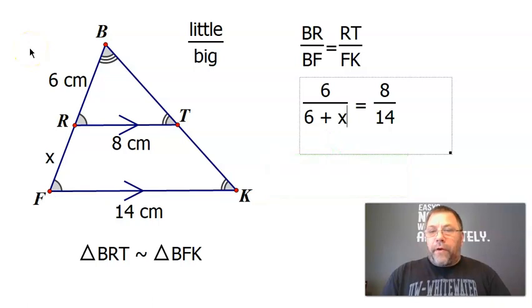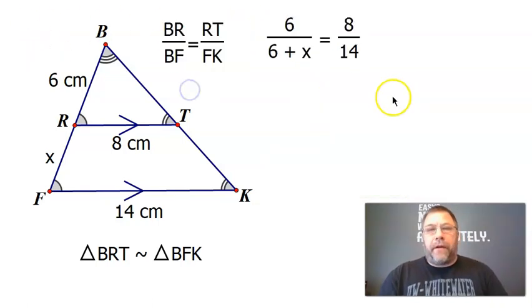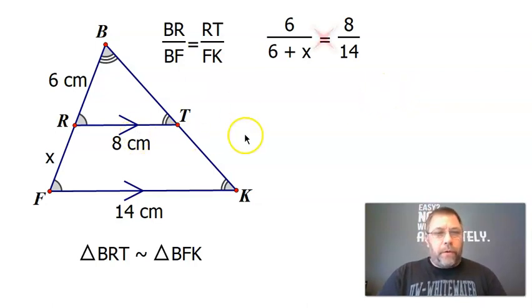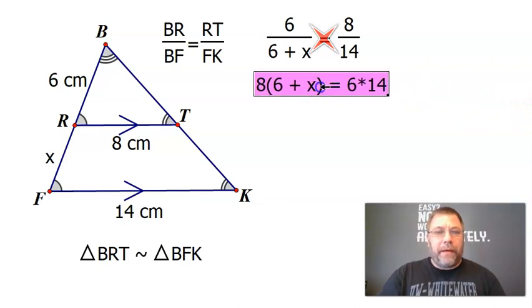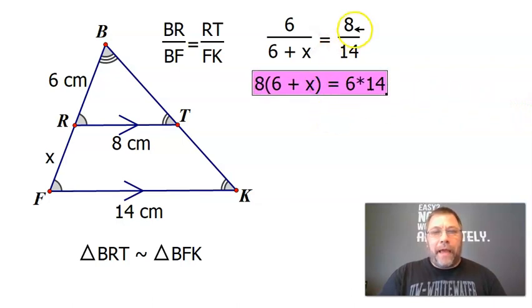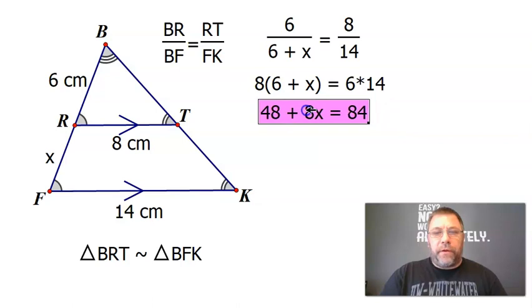Now let's go ahead and try to solve that proportion, and this should go pretty fast. I've cleared some stuff out of the way. Let's do what we always do, cross multiply. After you cross multiply, this is what you should be looking at: 8 times (6 plus x) equals 6 times 14. Now let's have the algebra kick in. Do a little distributive property over here, multiply over there.